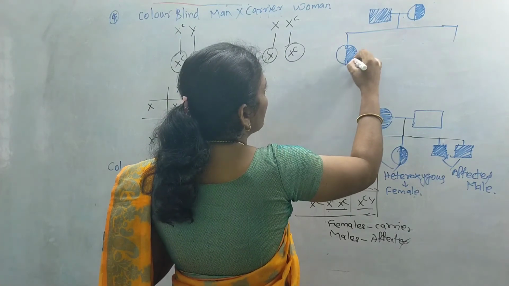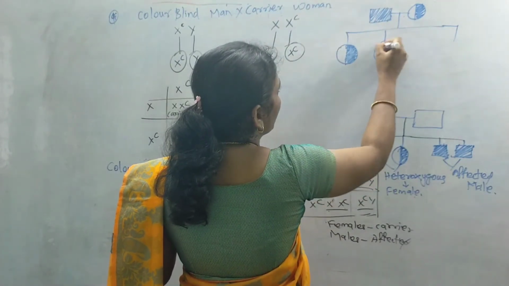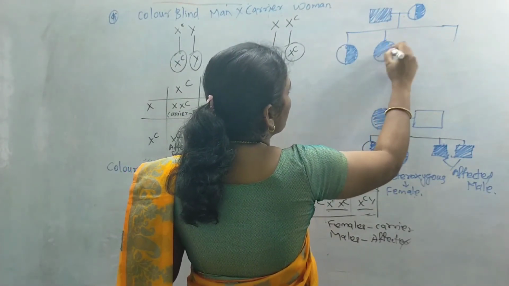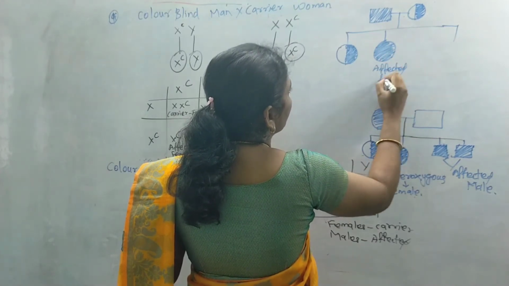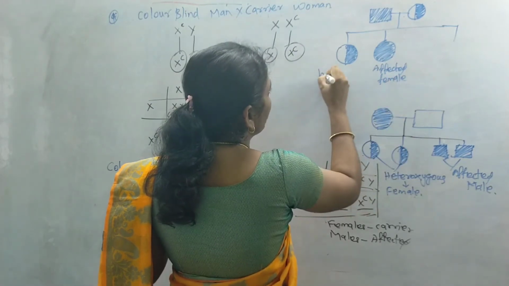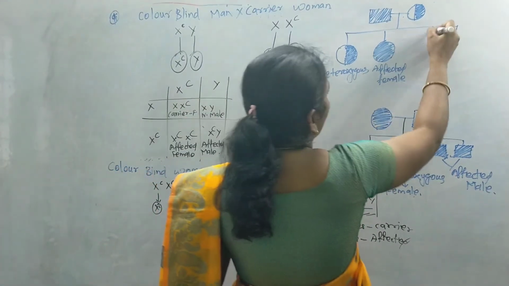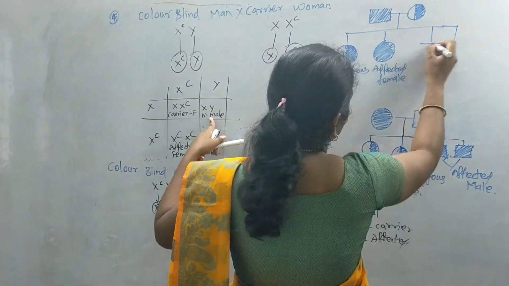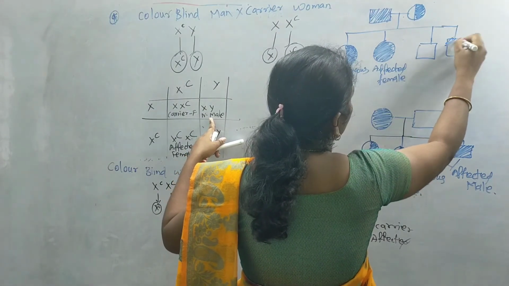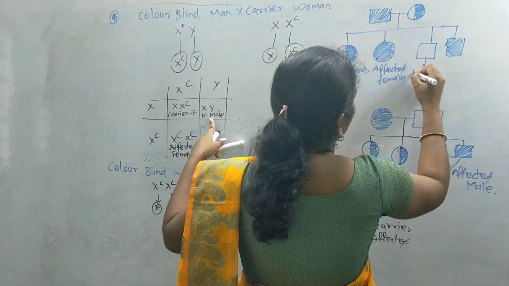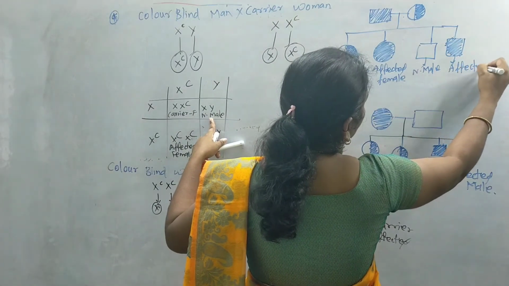We use circle for female and square for male, and the other female will be completely affected by the disease, so we should shade it completely to show the affected female. One male will be normal, so we'll draw a square, and the other male will be affected by the disease, so it should be completely shaded. So normal male, affected male.